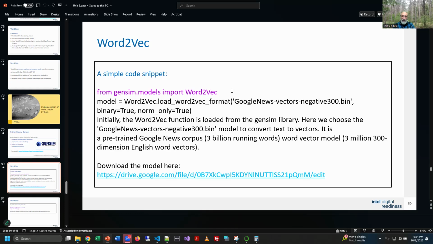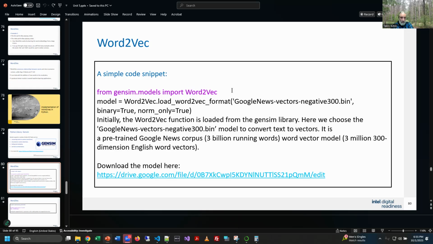So they have these vectors that have been generated. Bin typically implies binary information, so it's encoded in binary, and you can see the binary true is on, and normalization is also on. All right, so it's loaded from the GenSim library, and then it converts the text to vectors, and basically it's a pre-trained Google News corpus.